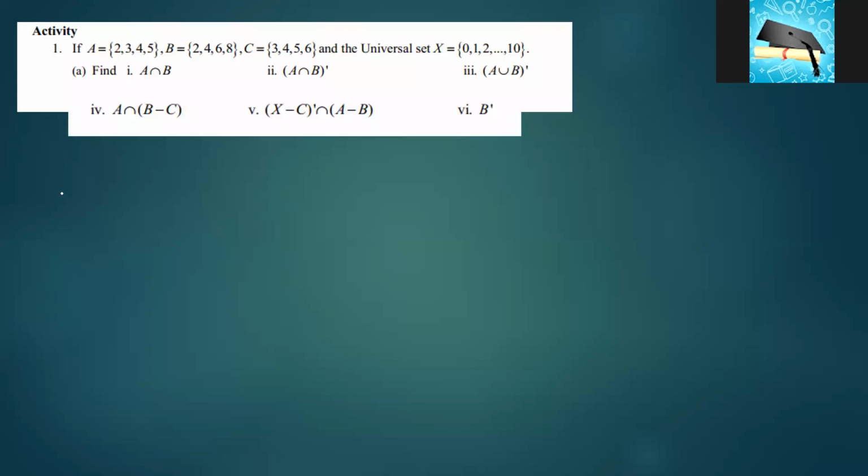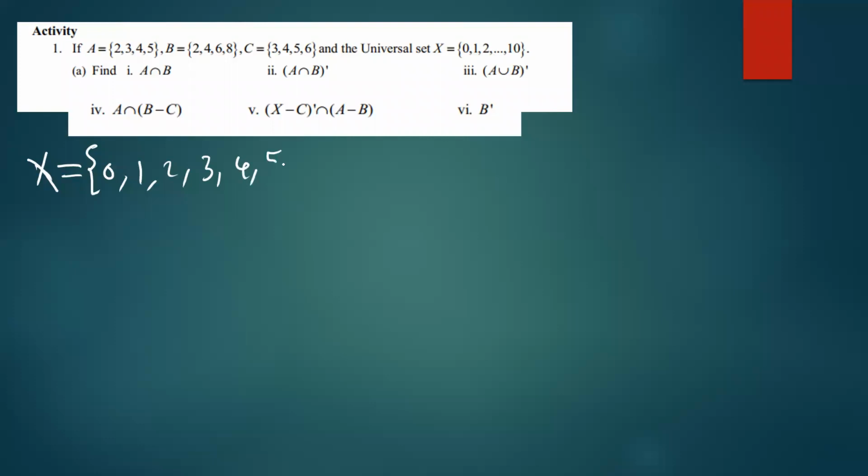The first thing that we need to keep in mind is that we've been given the universal set. The universal set simply contains numbers from 0 up to 10. So we have 0, 1, 2, 3, 4, 5, 6, 7, 8, 9, 10. And the first question is asking us to find A intersection B. Let me just write all the sets.